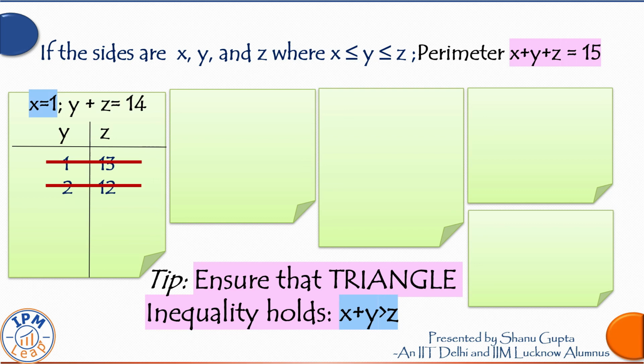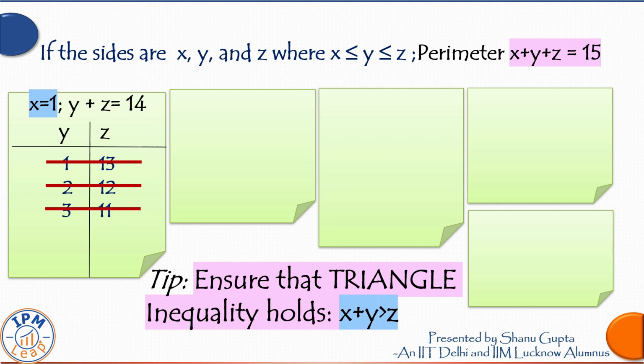In this way, you can keep on increasing y and z decreases. This is because the sum of y and z is a constant. Next value that y can take is 3, in which case z is equal to 11. Same problem. It won't result in a triangle. So I am sure you got a hang of what we are doing.